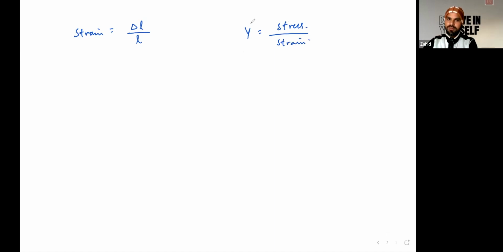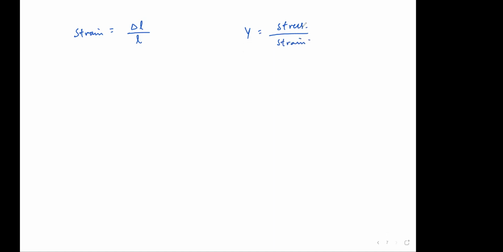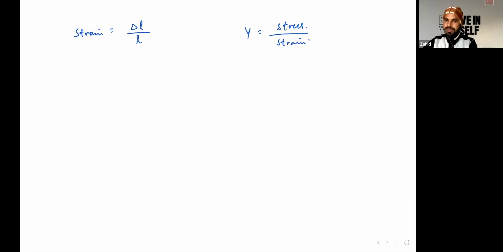For this part, you have the value of Young's modulus and the applied stress, so on rearranging, you will get strain from it. Is it clear? Try to solve for strain for this part and put this value of strain in the first equation to get delta L. Try to solve.